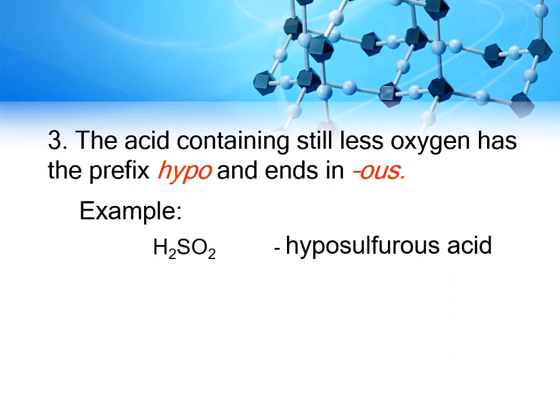Hence, we will be using the prefix hypo plus the stem of the name of the polyatomic ion that ends in OUS and the word acid is also added. Therefore, the name of this compound is hyposulfurous acid.